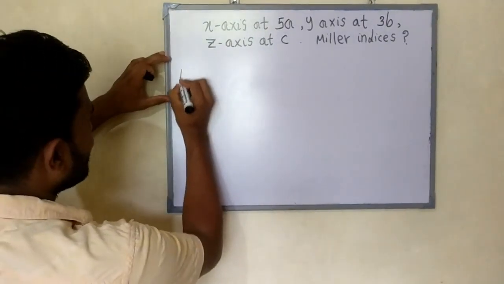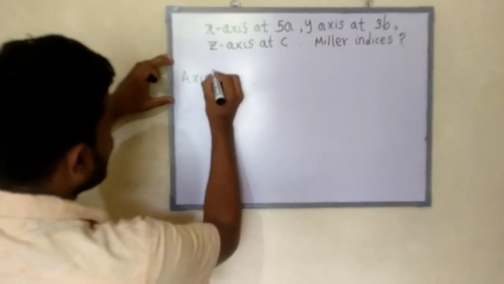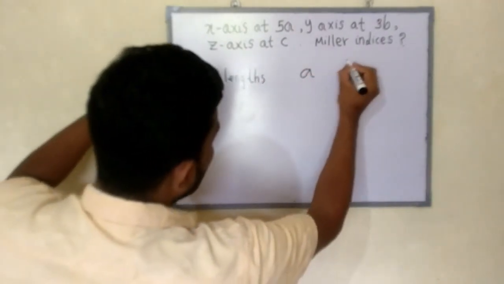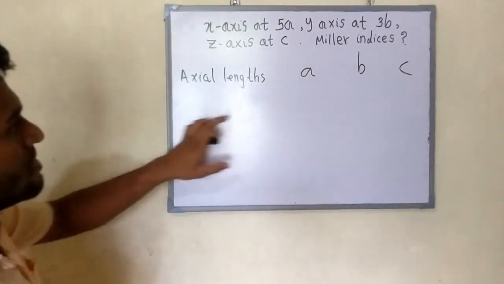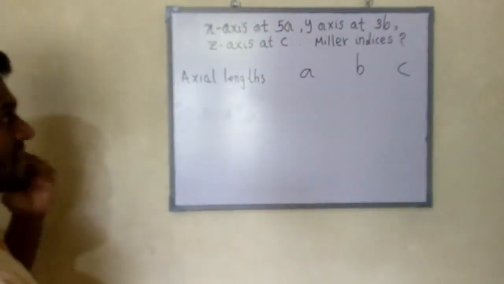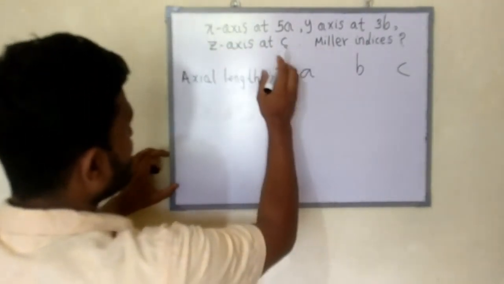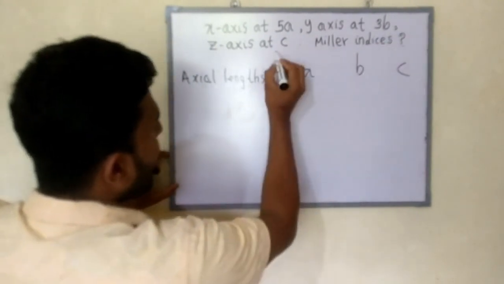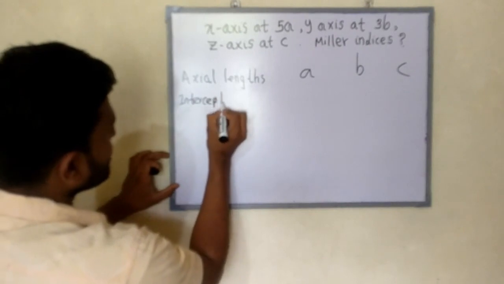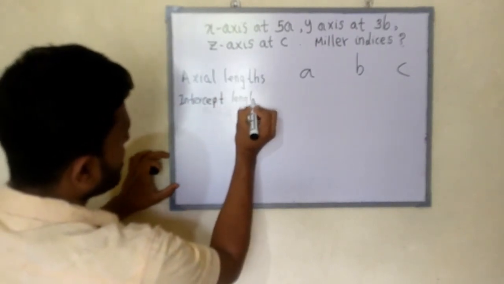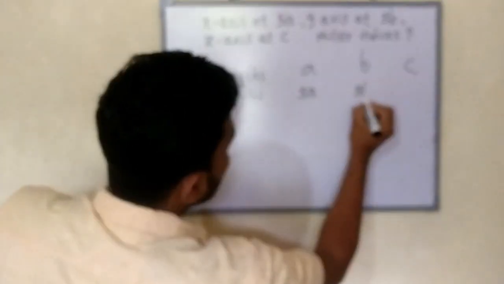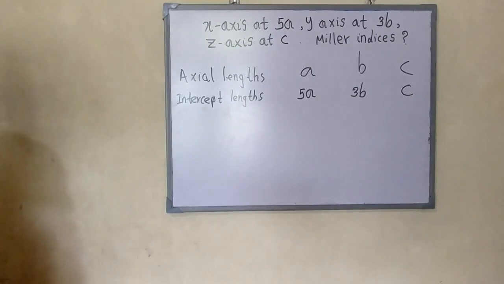So you can write the axial lengths a, b and c, which correspond to x, y and z. Then here you are given the intercept lengths 5a, 3b and c.